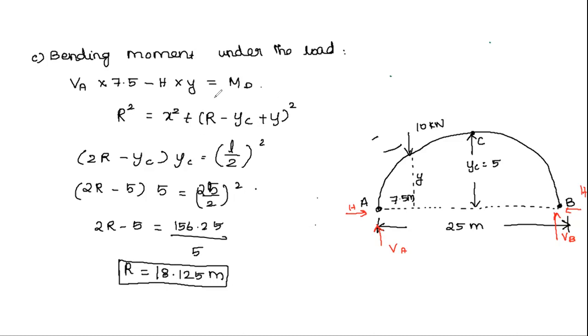Now we can substitute in this one. So r square, that is 18.125 square, is equal to x square plus r minus yc plus y, whole square.